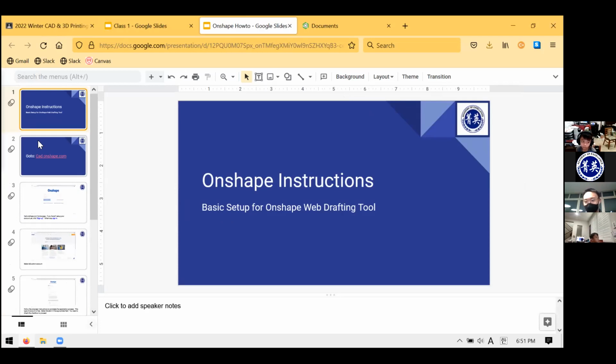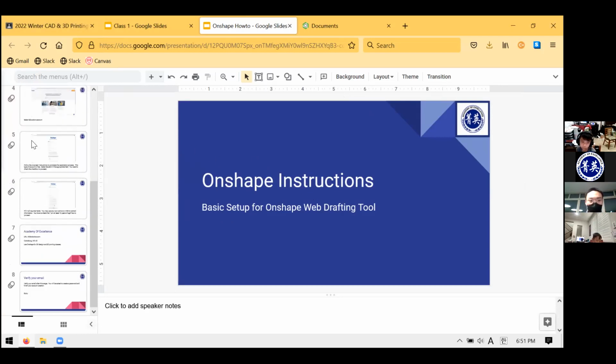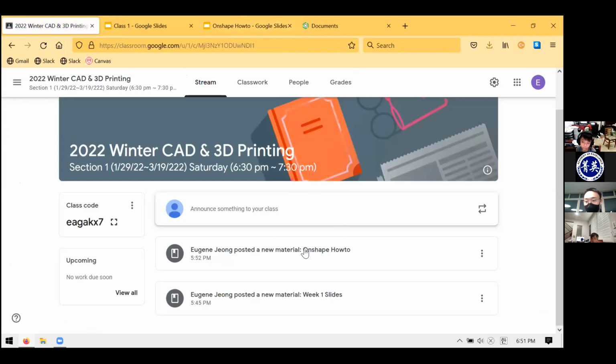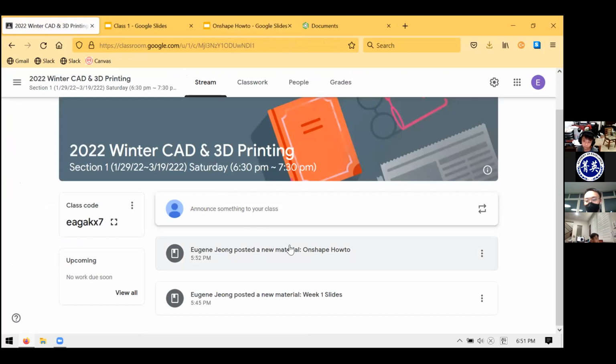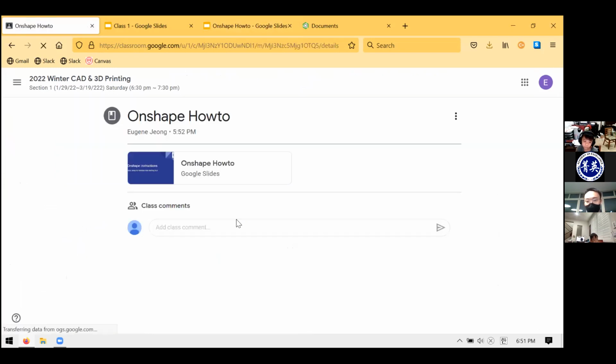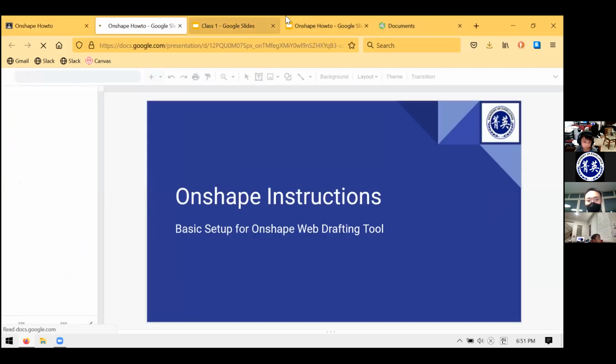And the very first part of this is going to be the instructions for how to get Onshape for yourself. If you are in the classroom already, these slides with the instructions are posted there. So if you want to go at your own pace, you can open the classroom and open up the slides, the same thing that I'm sharing on my screen.